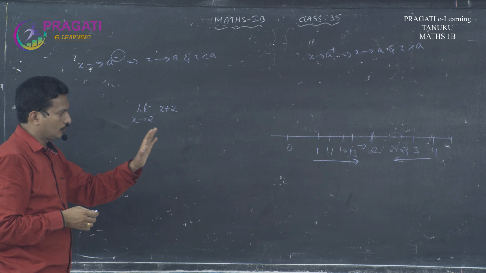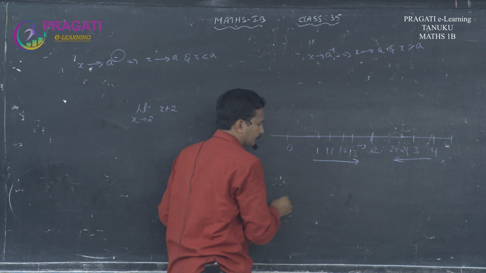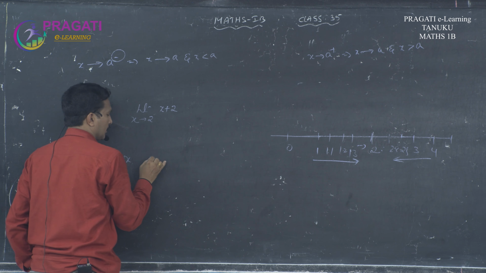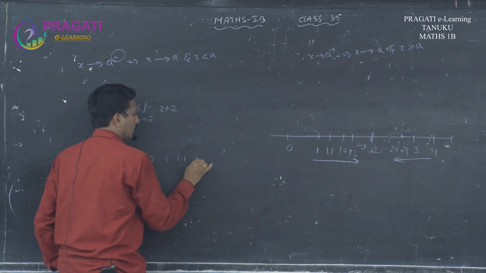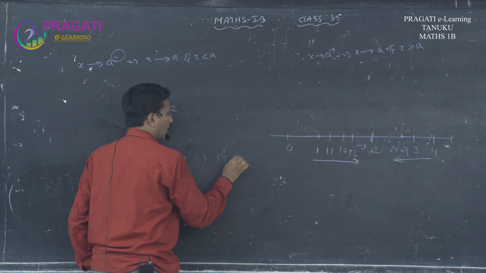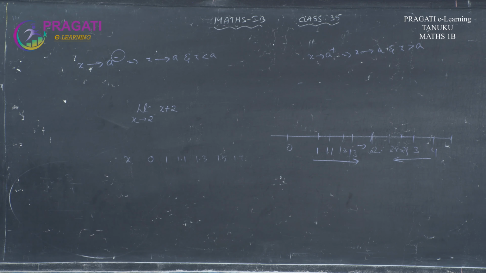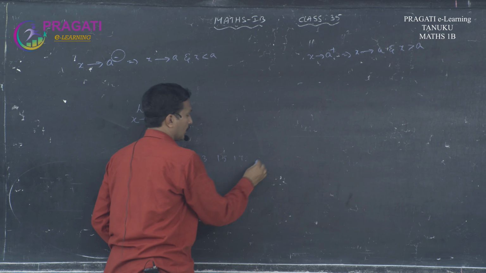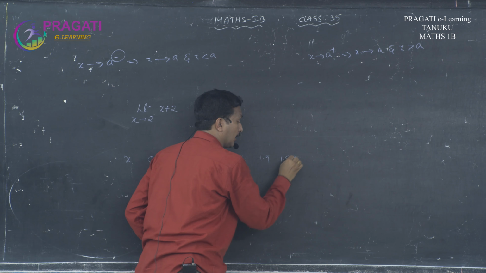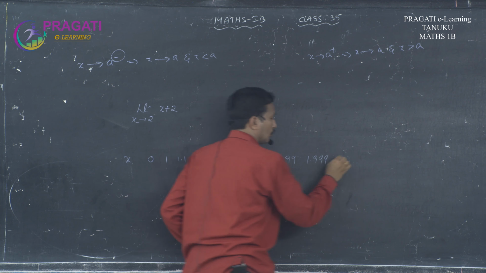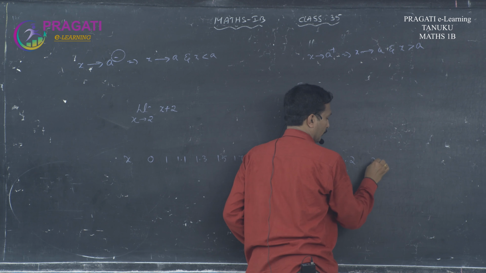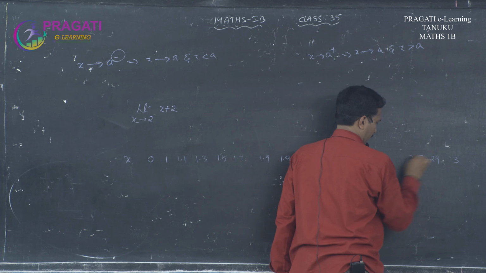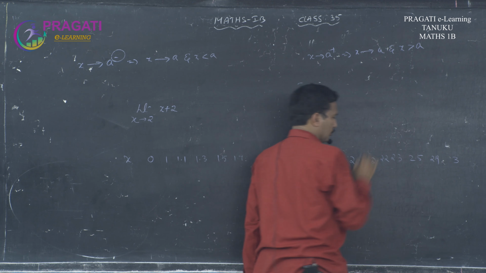First of all, to write the concept here, the x values are 0, 1, 1.1, 1.3, 1.5, 1.7, 1.9, 1.99, 1.999, 2, and on the right side, 3, 2.9, 2.5, 2.3, 2.2, etc.